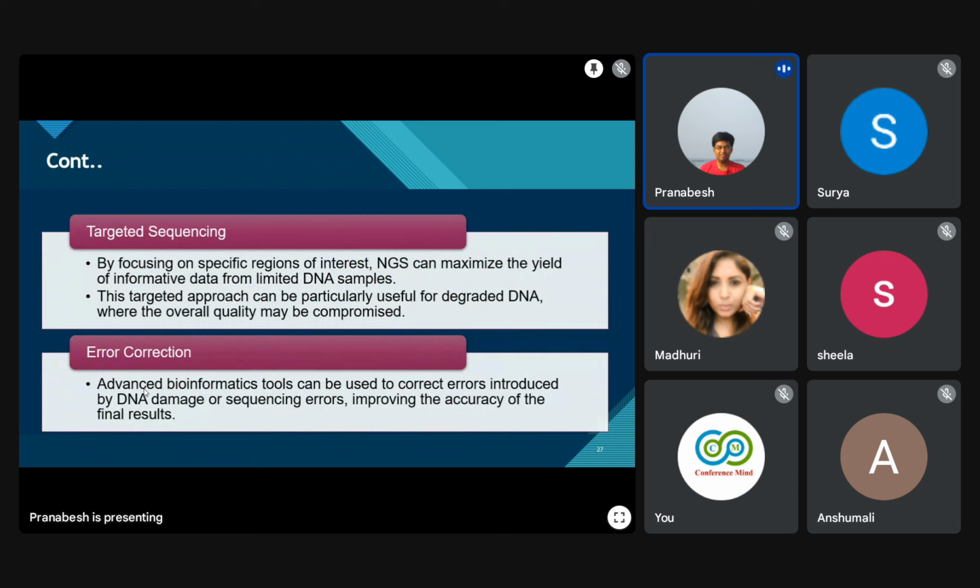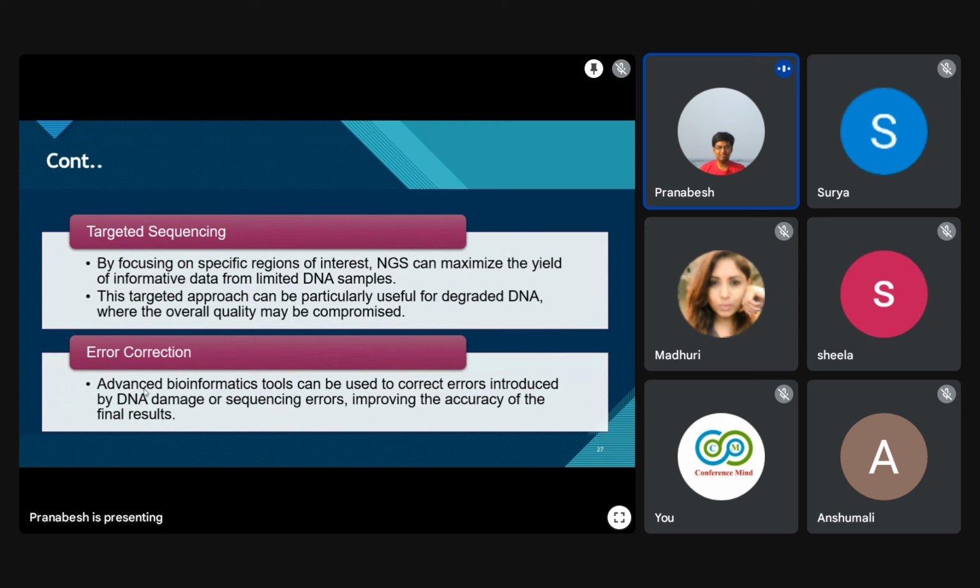So what about targeted sequencing? By focusing on the specific region of interest, NGS can maximize the yield of informative data from limited DNA samples. If we are getting fragmented or degraded DNA, we get very little DNA in that particular region.